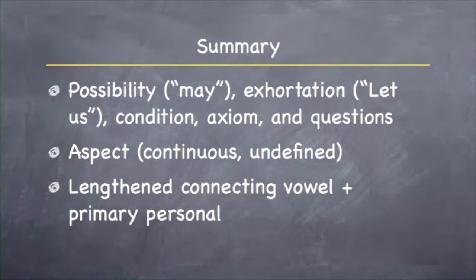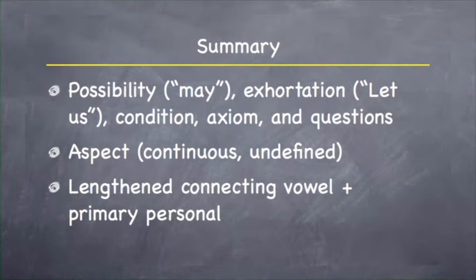It can express a future, more probable condition. If something is going to be the case, and it probably is. It can also be used to express timeless axiomatic statements. And it can also be used to indicate that the question is not a yes-no, but should cause you to deliberate before you answer it.